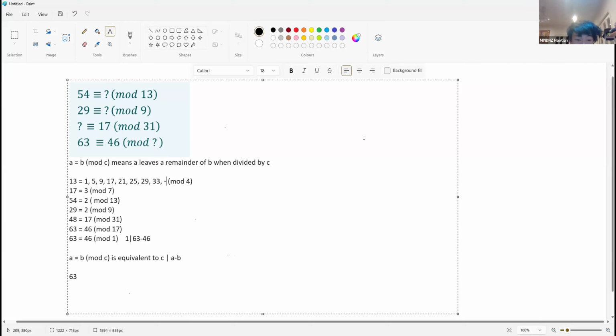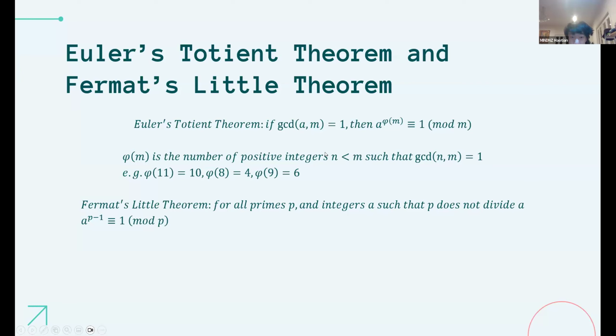We also get -3, -7, -11, -15, and so on. So many solutions if we do it that way. So this would be the proper definition. I've just been doing the remainder because that's mostly all you need to know. Good question. Okay, here's Euler's theorem and Fermat's Little theorem.